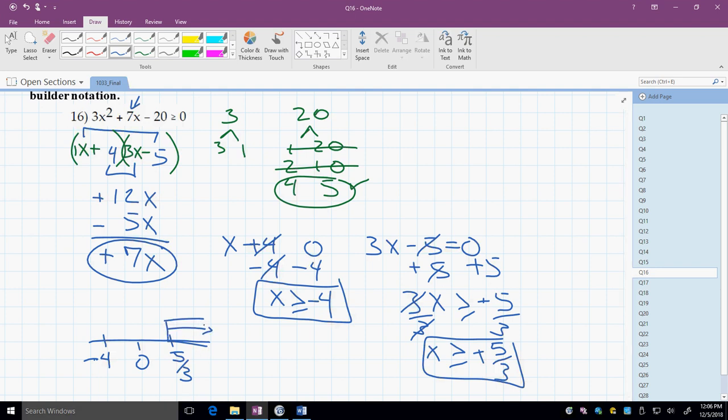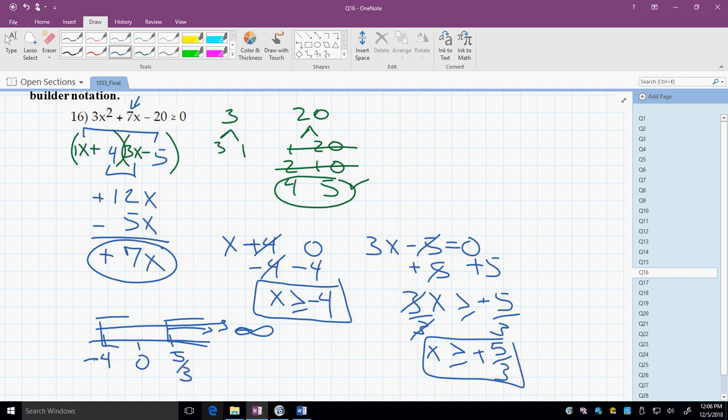And x is greater than negative 4, so the same thing is going this way. This is positive infinity. That's why I put a bracket.